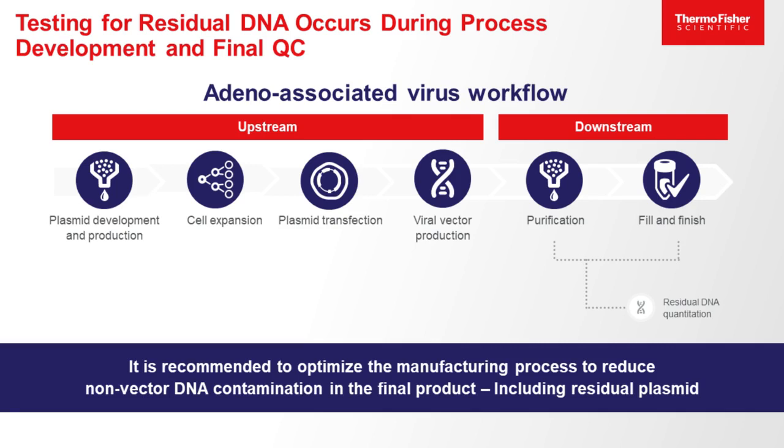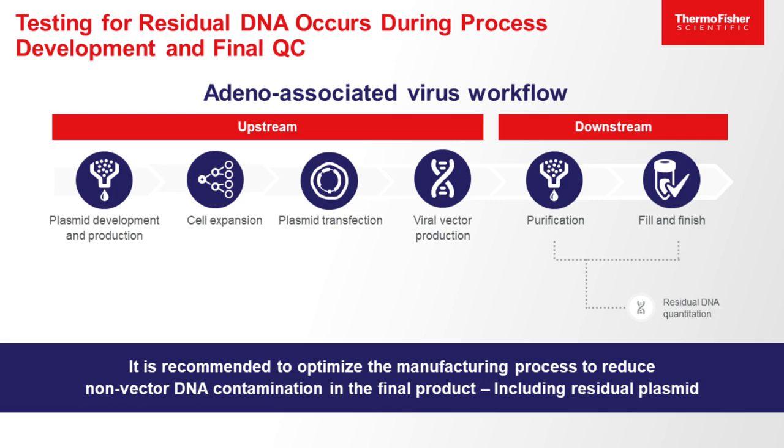One of the most common types of viral vector therapies is based on adeno-associated viral vectors, or AAV. Here, we show an example of a typical AAV production workflow. These vectors are often produced in HEK293 cells with triple transfection method using plasmids containing the rep, cap, and genes of interest.